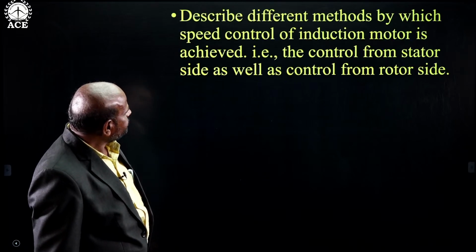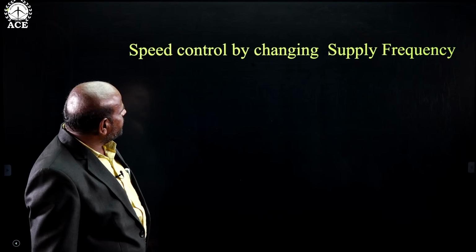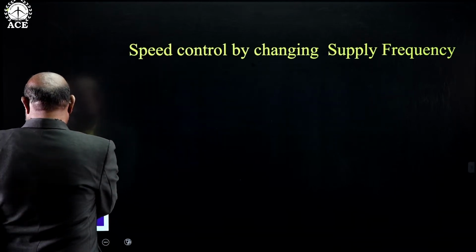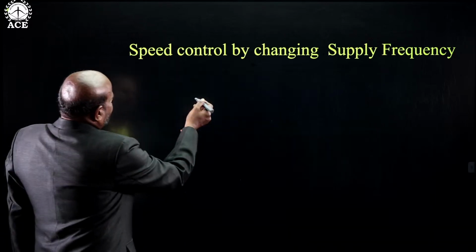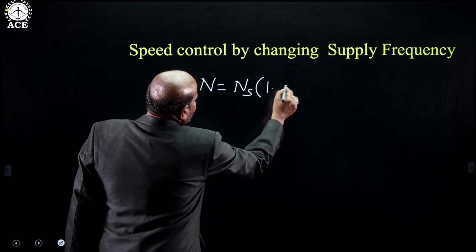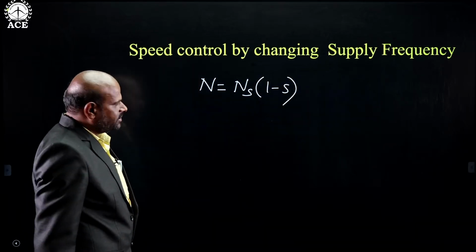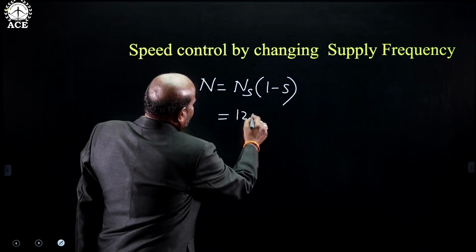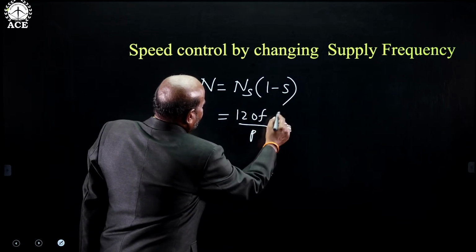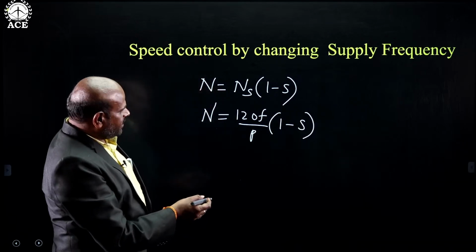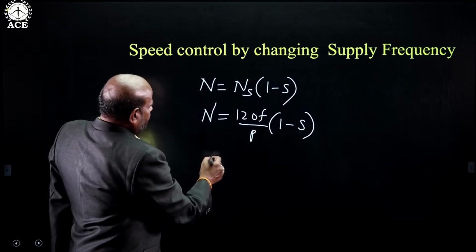So what are the stator control methods? So we know that speed of the motor is Ns into 1 minus s, where Ns is 120 f by P. To control the speed, what are the parameters involved here?